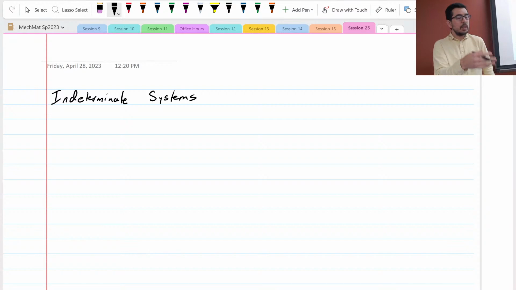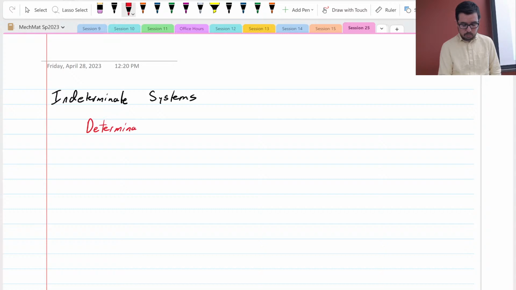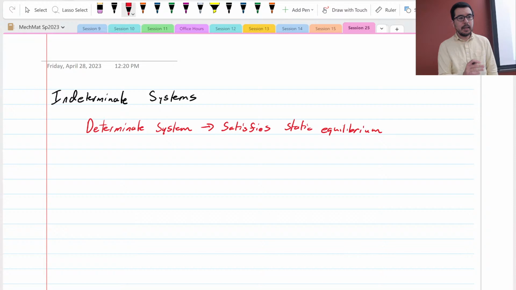And in that case, we have to define what is a determinate system. So before we get to indeterminate, a determinate system satisfies static equilibrium. And if I were to take away one of the reactions, it would no longer satisfy static equilibrium.